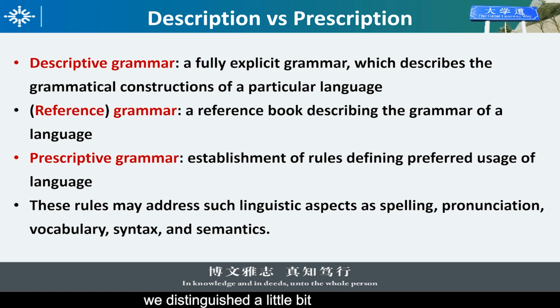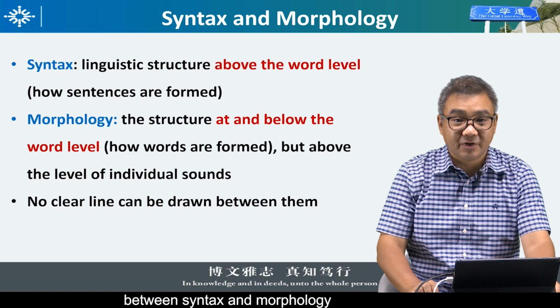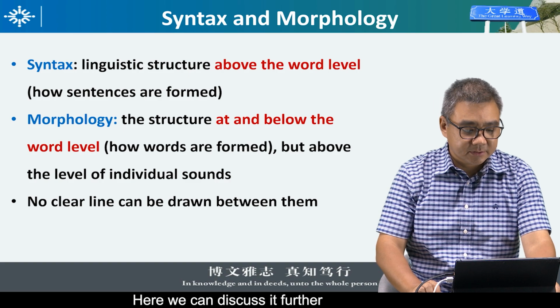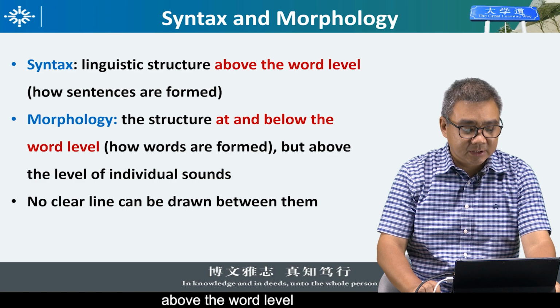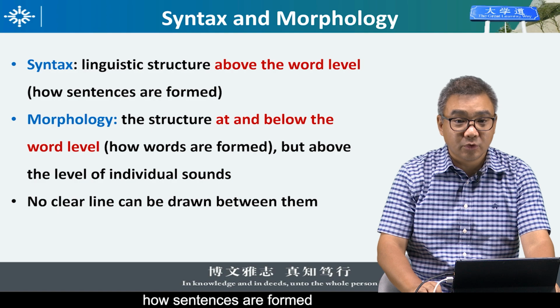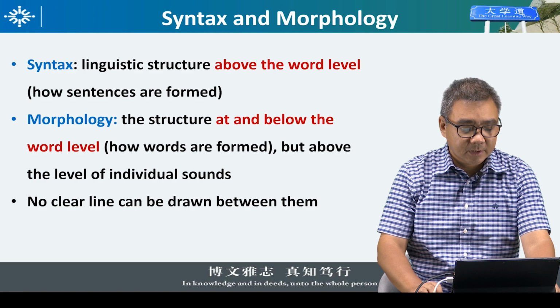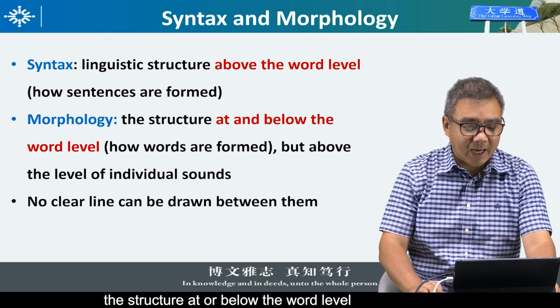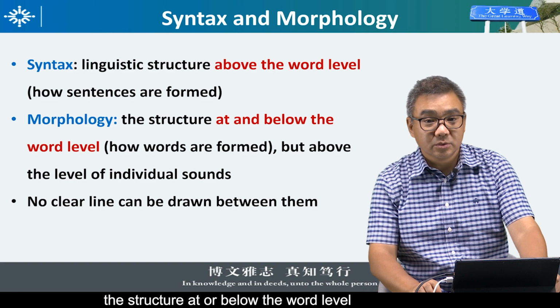Last time, we distinguished a little bit between syntax and morphology. Here we can discuss it further. Syntax is a linguistic structure above the word level. That means it studies how sentences are formed. While morphology studies the structure at or below the word level.